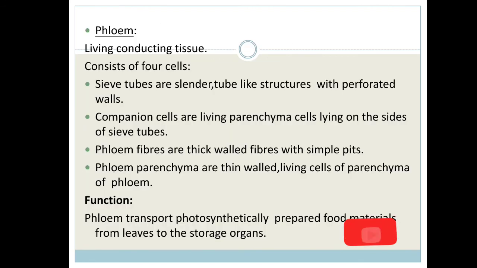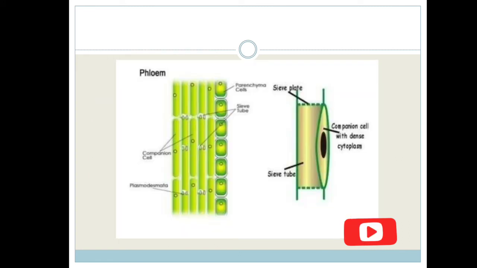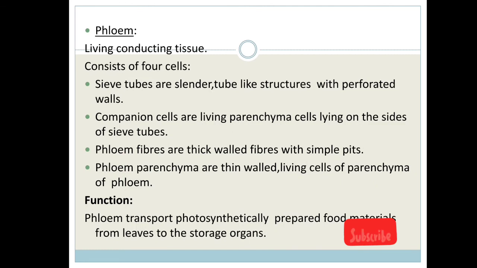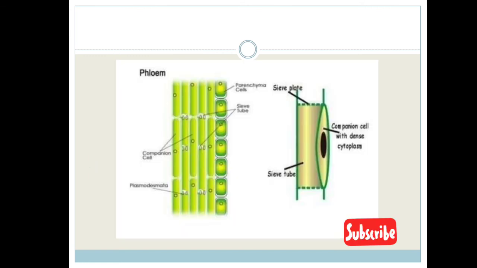Next is the phloem. The phloem is a living conductive tissue, and it also consists of 4 types of cells, that is the sieve tubes. Sieve tubes are slender, tube-like structures with perforated walls. You can see here in the picture. Then the companion cells are living parenchyma cells lying on the sides of the sieve tubes, and the phloem fibers are thick-walled fibers with simple pits.